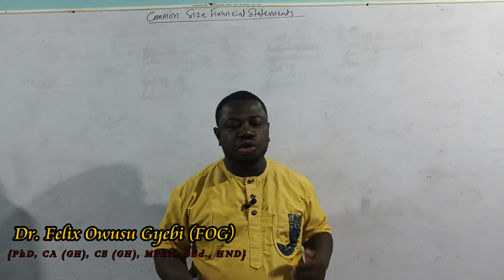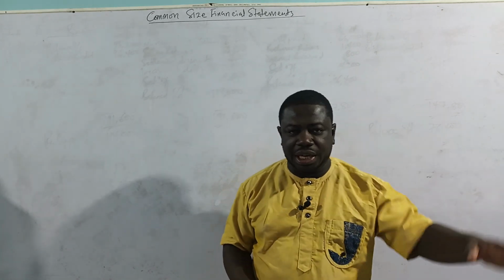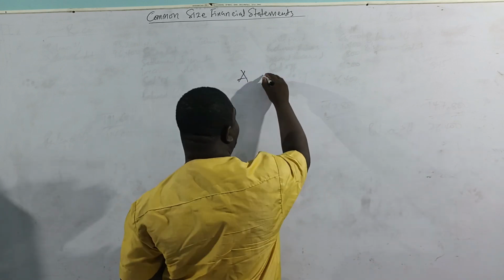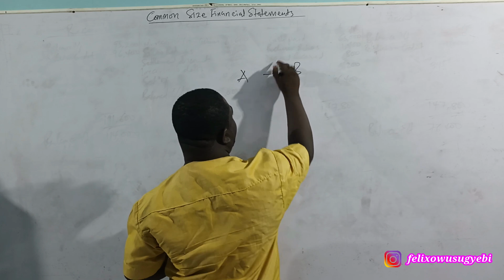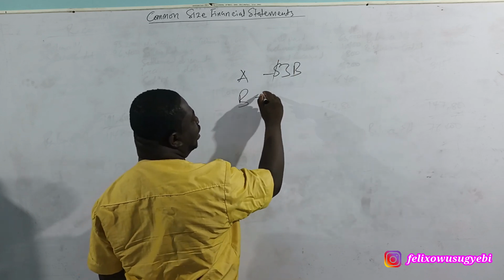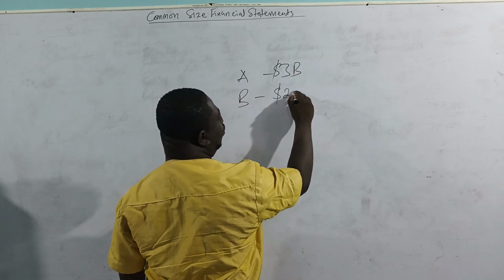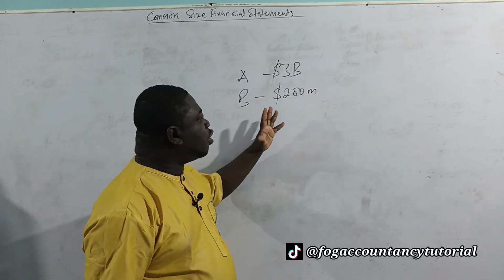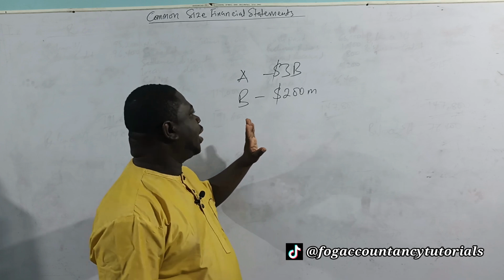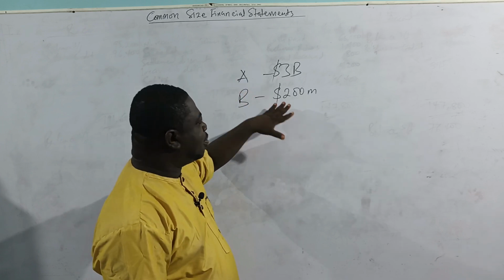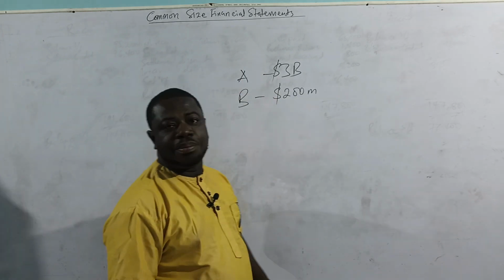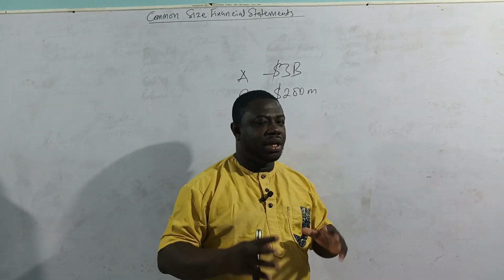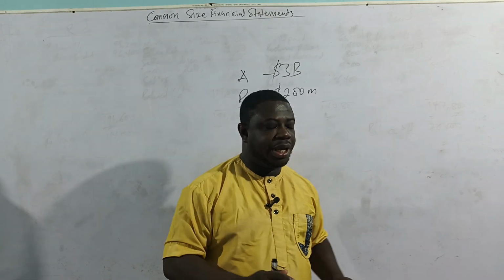If company A is able to generate revenue of, let's say, $3 billion in a year, and another company generates just about $200 million in a year as revenue, these two companies obviously are not of the same size. Company B is a smaller company as compared to company A. Company A, looking at the size of revenue, is a very big company. That is what we mean by big or small.